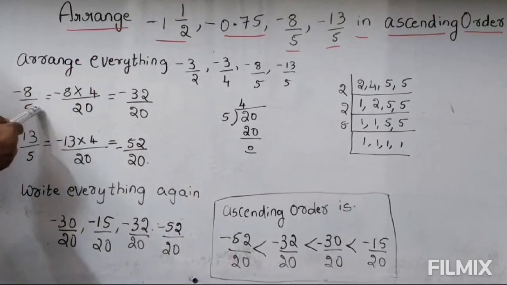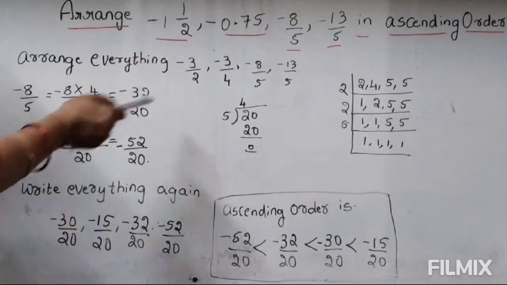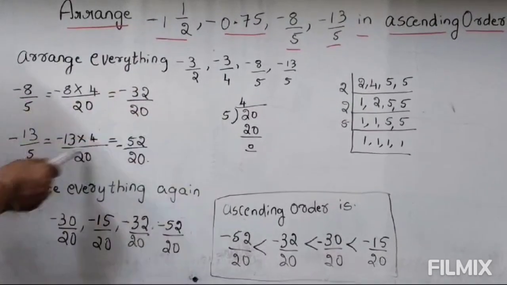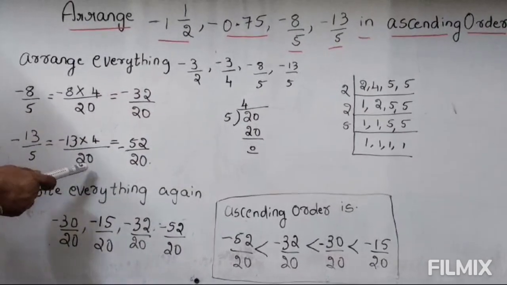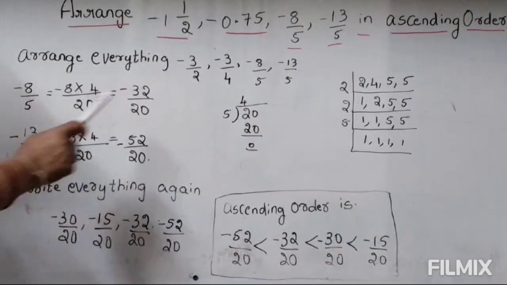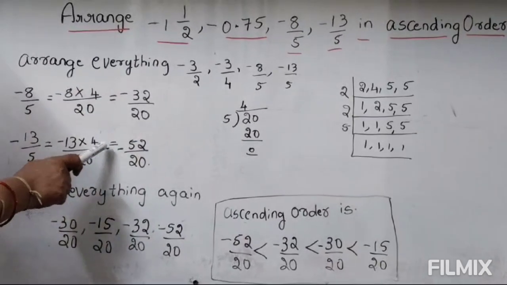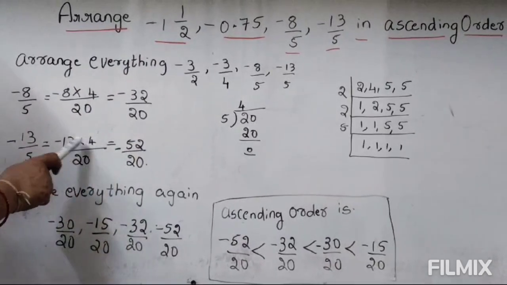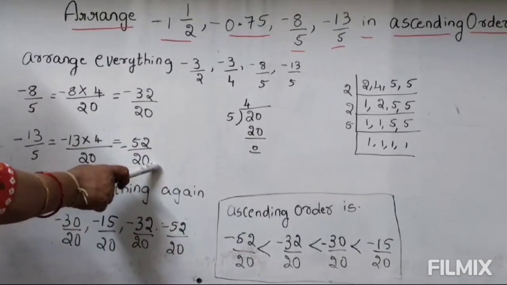Similarly, you have 5 in both the denominators, so no need to divide again. You know that 20 should be in the denominator. Minus 13 should be multiplied by 4 because 5 4s are 20. Minus 13 into 4 is 13 4s are 52, minus 52 by 20.